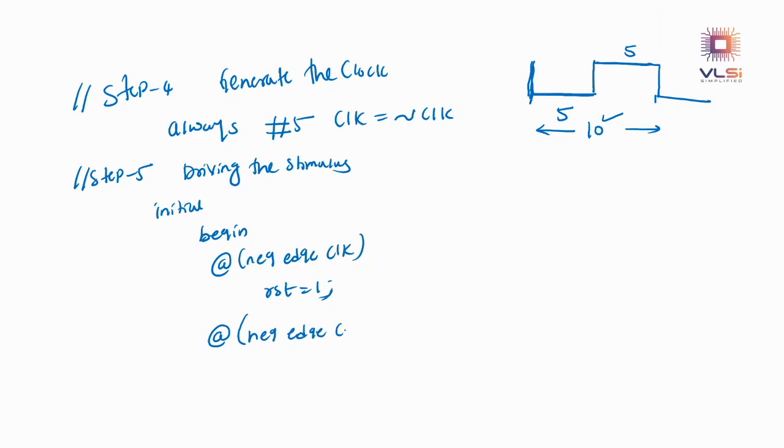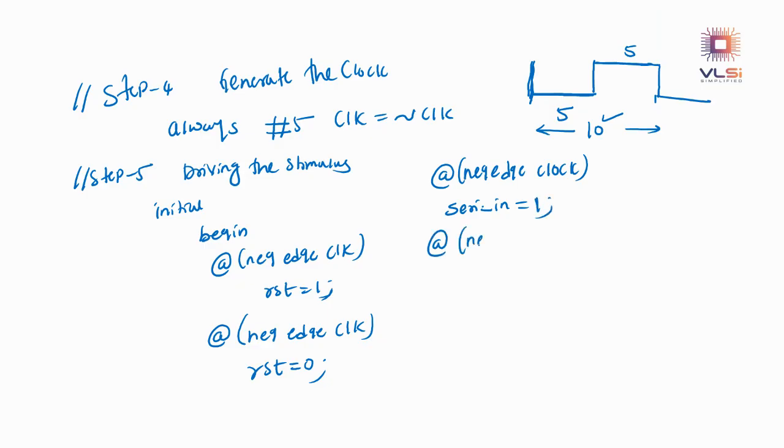And next, at negate of clock. How many values are you giving? 4 values I am giving now. Serial in equal to 1, okay. And next, 4 times you need to give. At negate of clock, serial in equal to 1, okay.